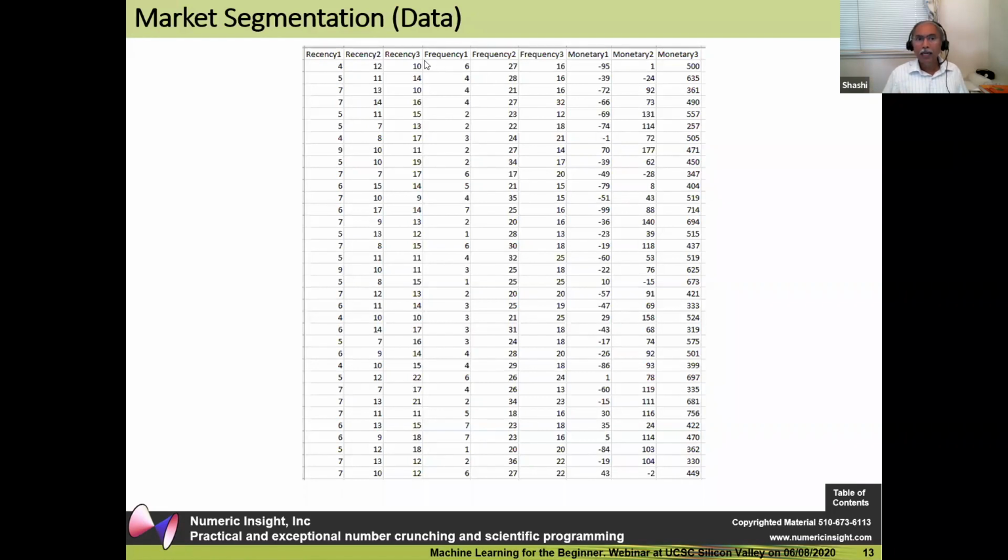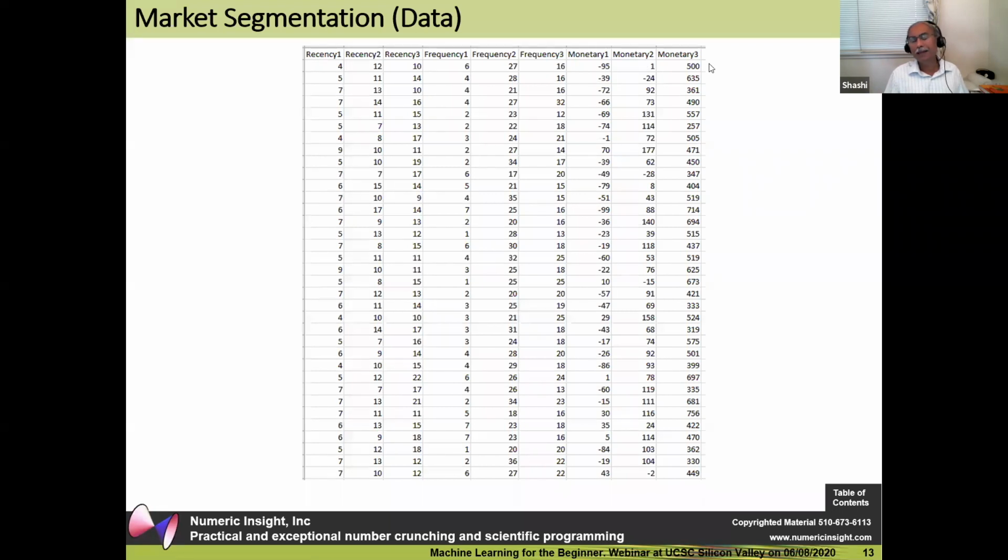Recency refers to how recently did a customer buy something. If you're thinking about Amazon, for example, how recently did this customer buy from Amazon? Frequency refers to how frequently does that customer buy from Amazon? Monetary refers to how much money did they spend. But you will notice here you have 3 recency columns, 3 frequency columns, and 3 monetary columns.